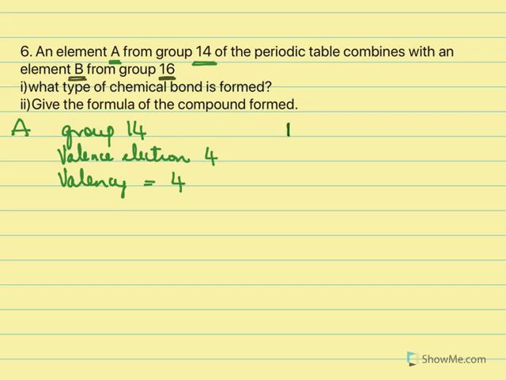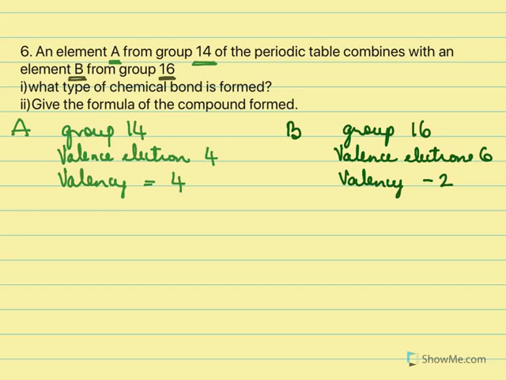And then we have B. For B, they said group 16. So valence electrons 6. So valency, 6 valence electrons, it will accept.